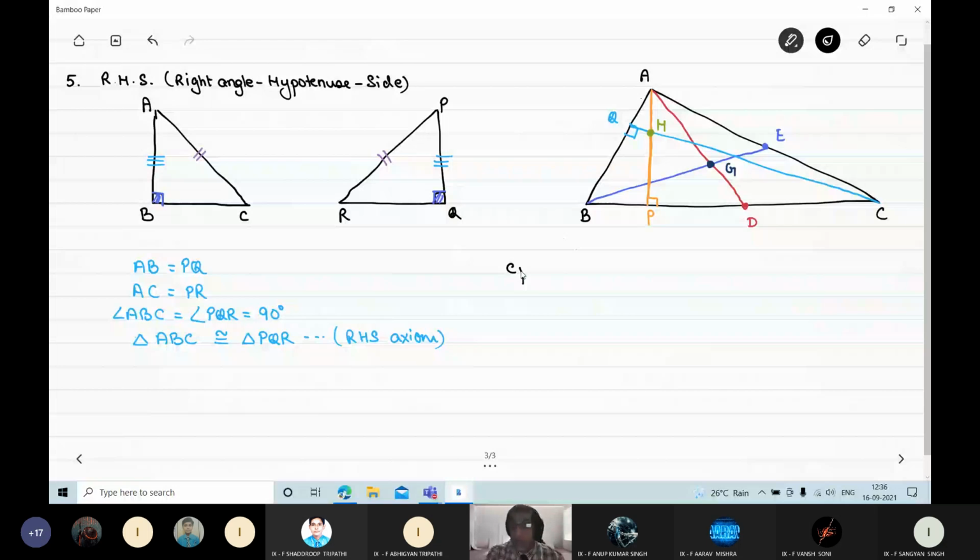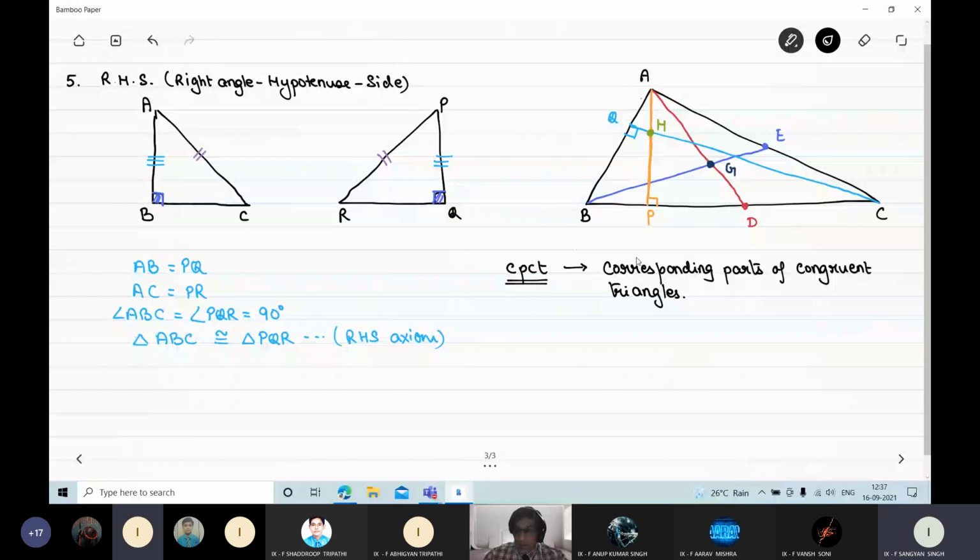This means that if two triangles are congruent and you have proved it, then all their corresponding parts, whether it is the remaining angles, the remaining sides, or the length of the altitude, everything will be equal. And it will be equal by CPCT, which is corresponding parts of congruent triangles. Is this clear to everyone?